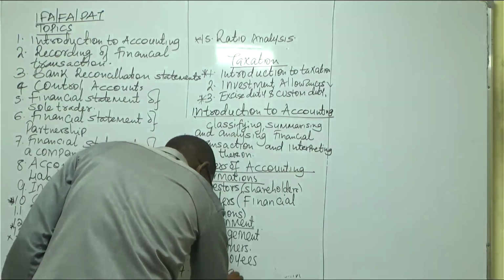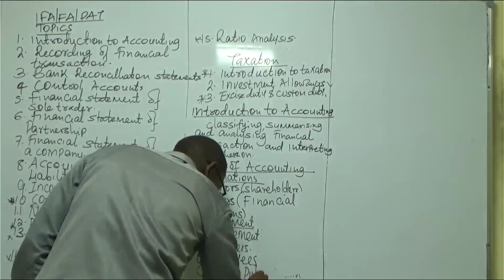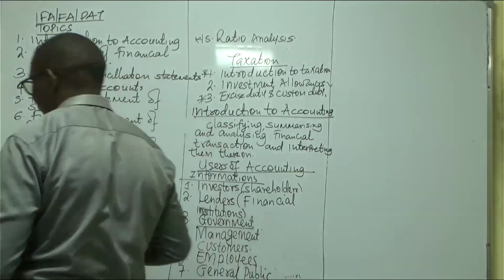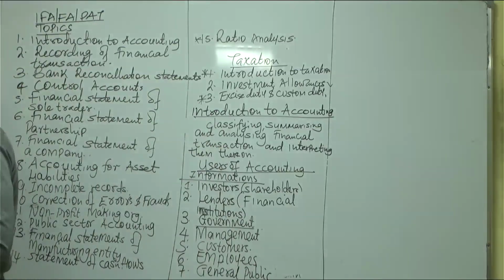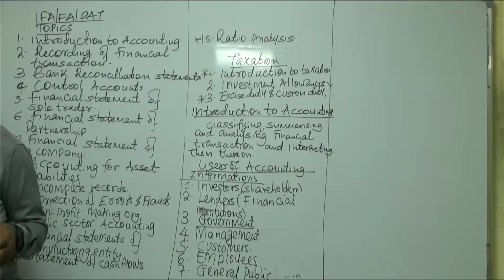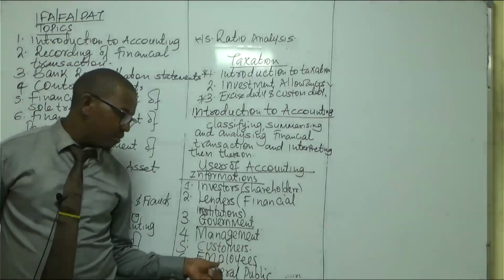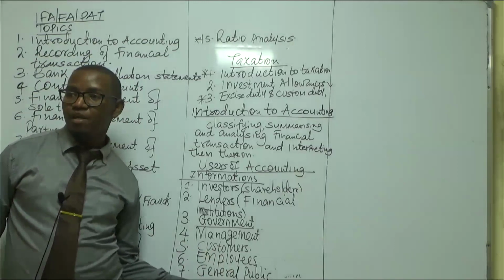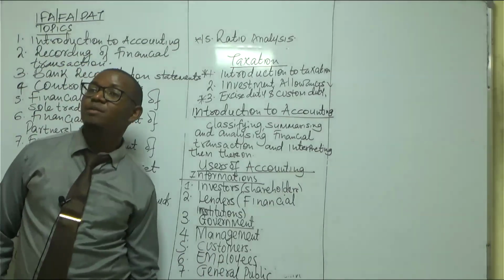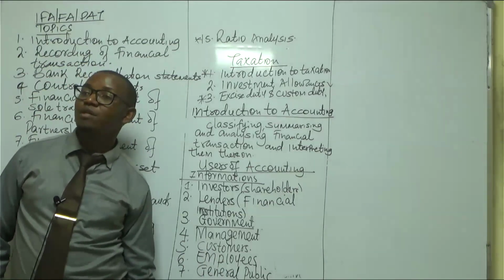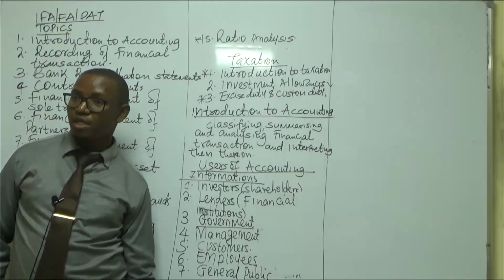The last one is the general public, that is, anybody. Why will the general public require the accounting information? They want to know whether you are participating in what we call corporate social responsibility.